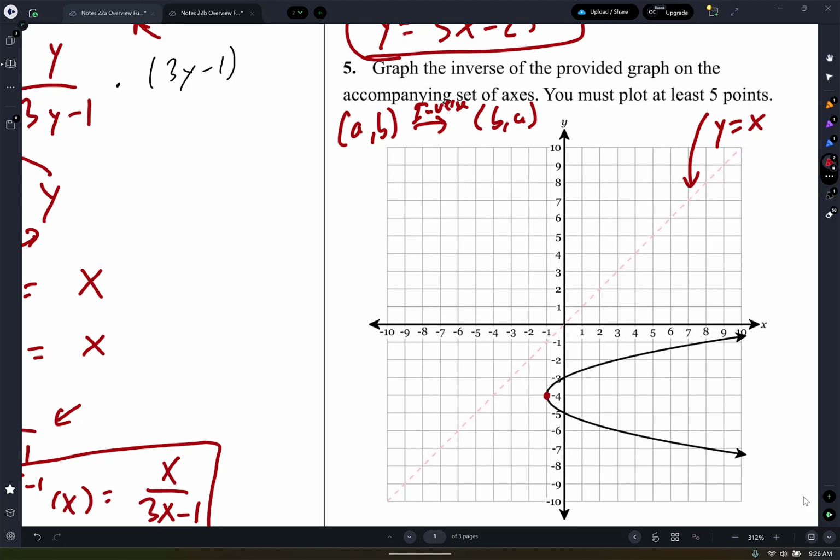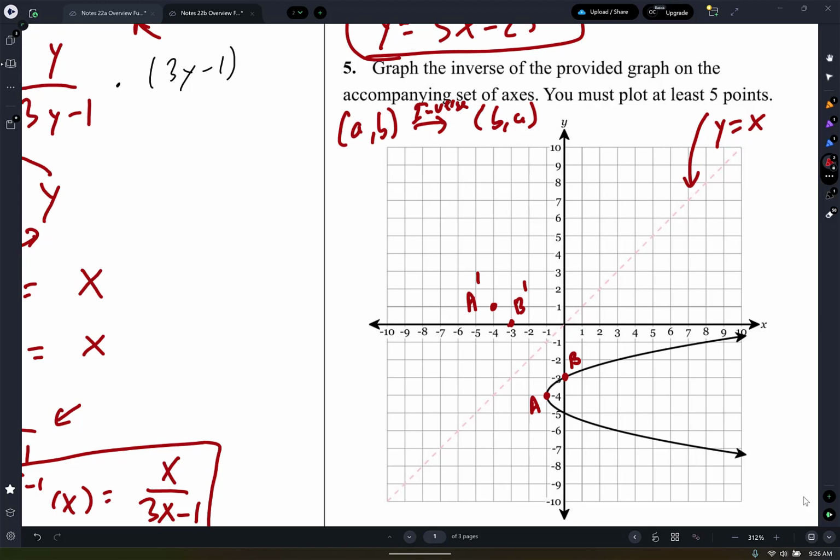So I'm going to choose points. That point is (-1, -4), so I just flip it: (-4, -1). Do you see how I did that? I'm going to call it A prime. I choose another point. I see (0, -3). I'm going to call this B. So (-3, 0) is B prime.